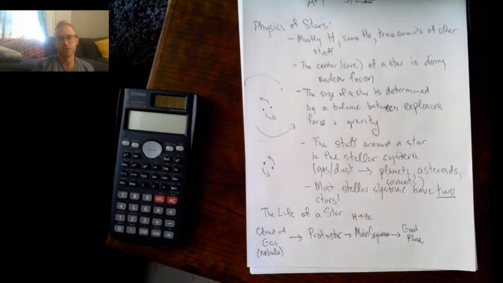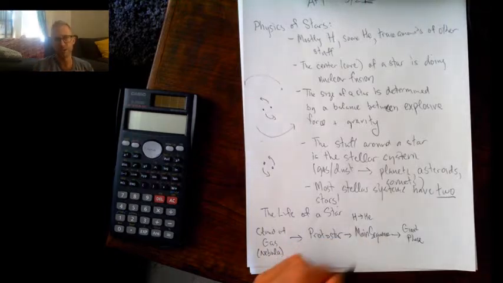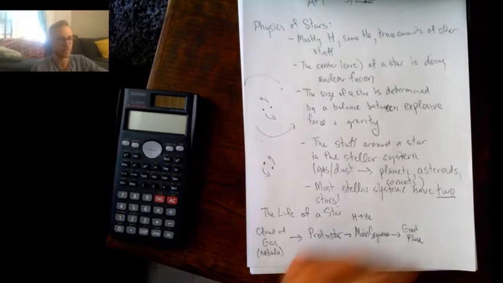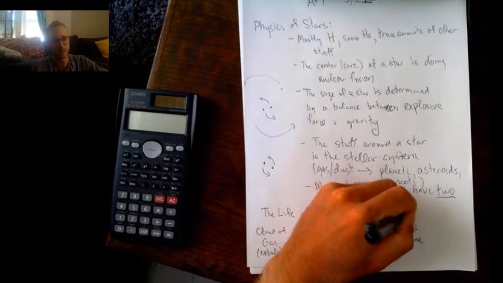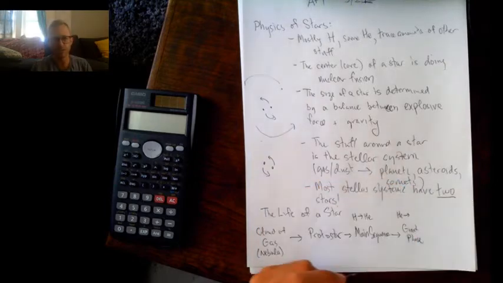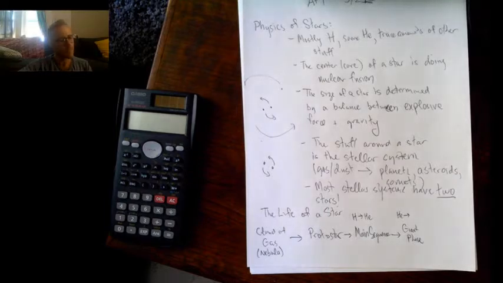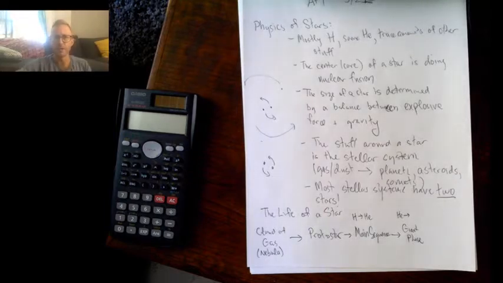And once the core of the star has too much helium, then we're no longer fusing hydrogen in the core anymore, and we start fusing helium. So we start fusing helium into other stuff, and there's a whole chain of things that the star can fuse. I believe it fuses helium into carbon, and then it fuses carbon into other stuff, and so on.